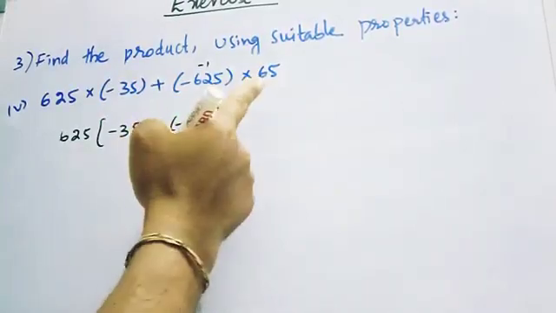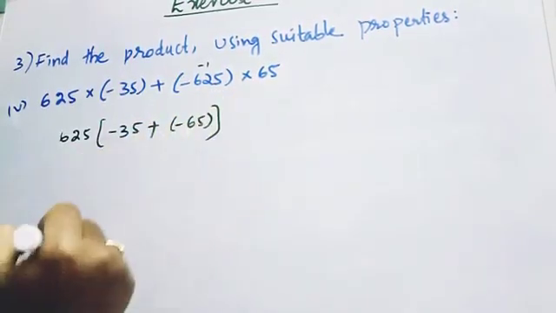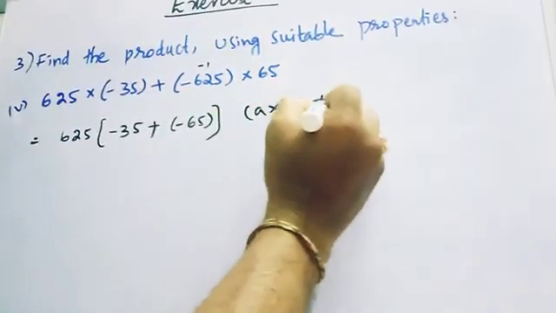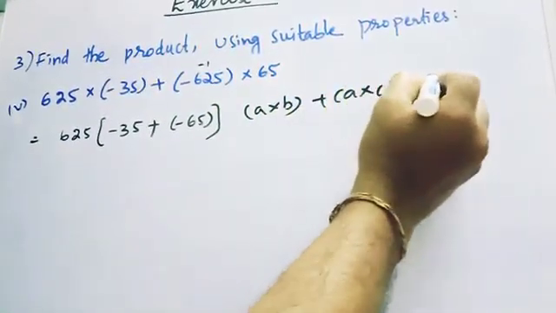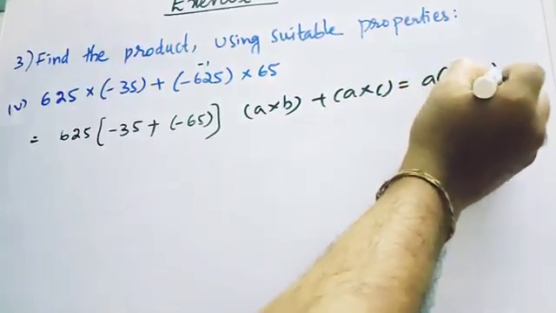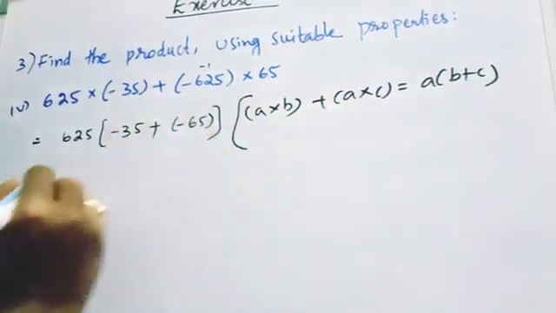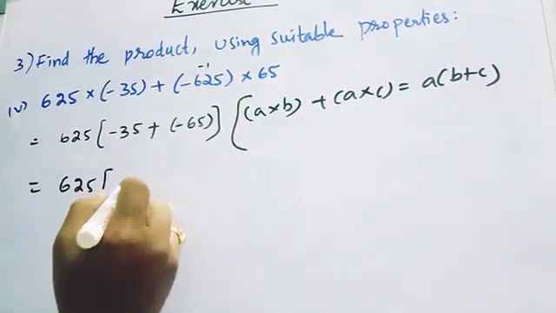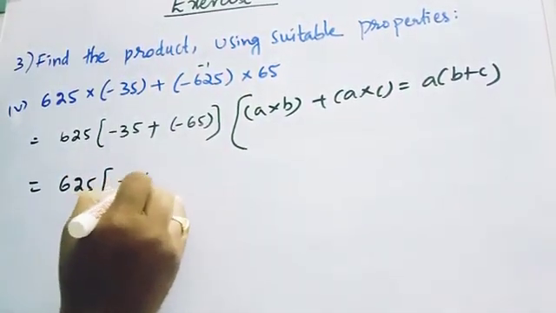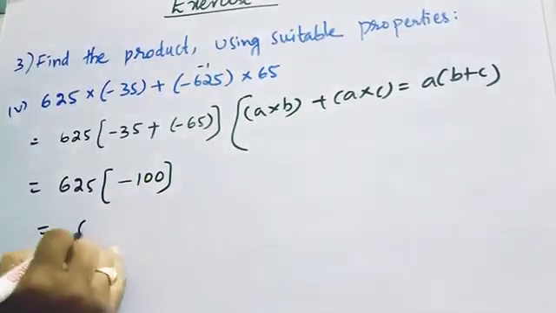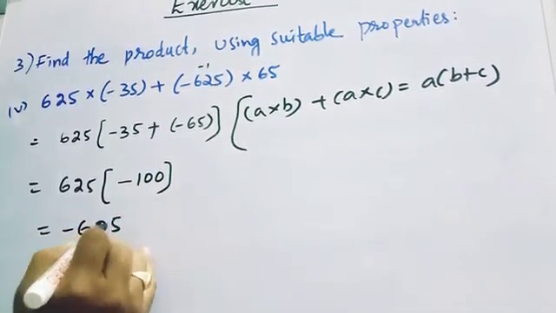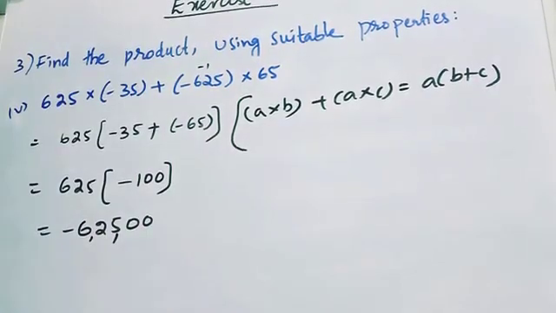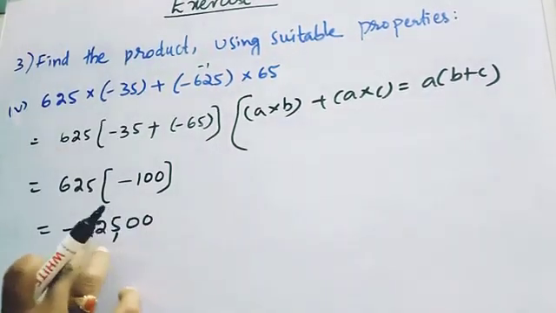So positive will become negative 65. This is by using the property a into b plus a into c, which gives a into b plus c. So next one is 625 into minus 35 minus 65, you will get minus 100. So 625 into 100 you will get minus 62,500.